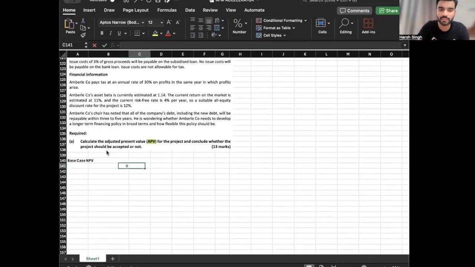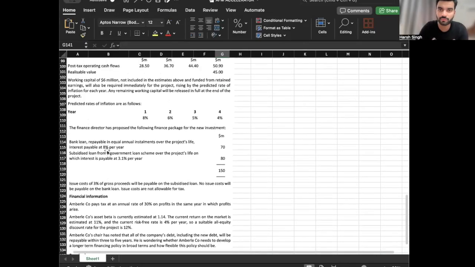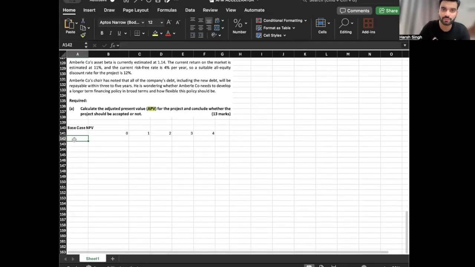We'll put down year 0, 1, 2, 3, 4. Post-tax operating cash flows are given.